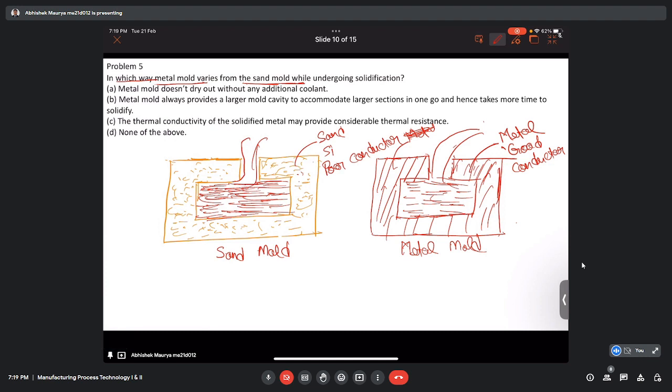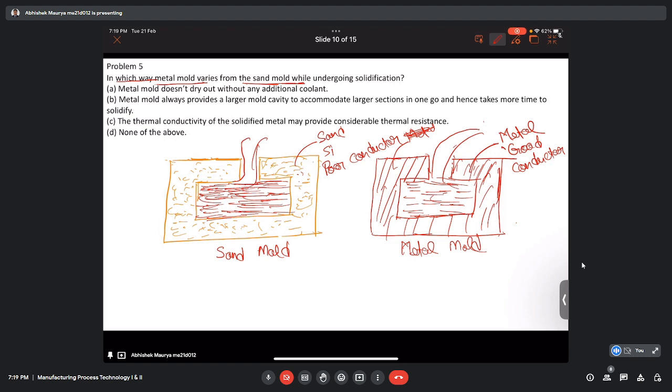Sand molds are poor conductors, whereas metal molds are good conductors. Since metal is a good conductor, it will extract the heat very quickly, whereas the sand mold will not extract the heat very quickly, so the heat transfer rate will be very slow.